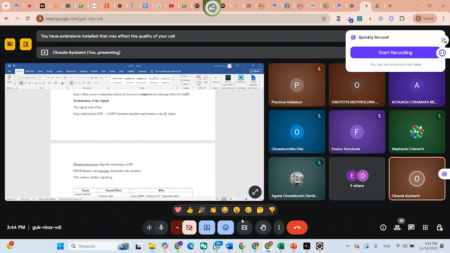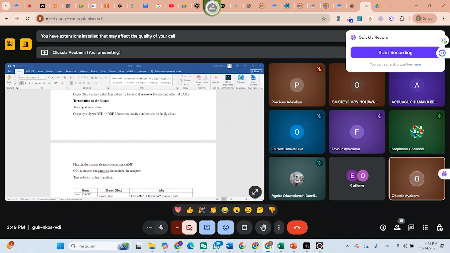Then phosphodiesterase in this case too can help to terminate this signaling. Then, like we also said, desensitization, when you keep using the drug, there can be desensitization, and desensitization is via two things: the GPCR kinases, which phosphorylate the receptor, and arrestin binds. After arrestin binds, there can be internalization of our receptor via endocytosis and all.